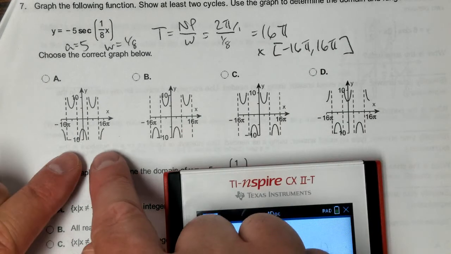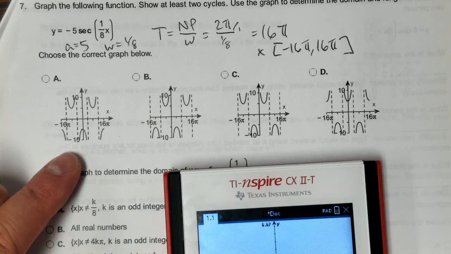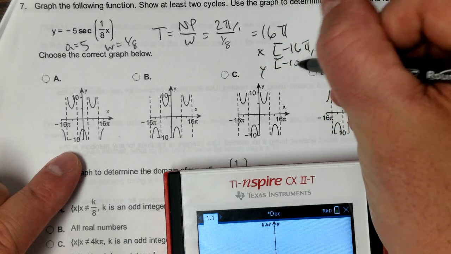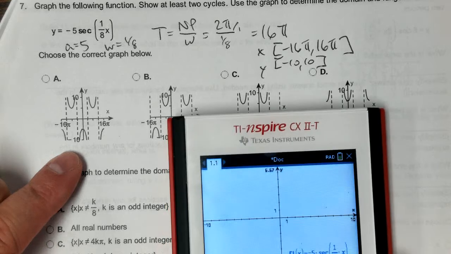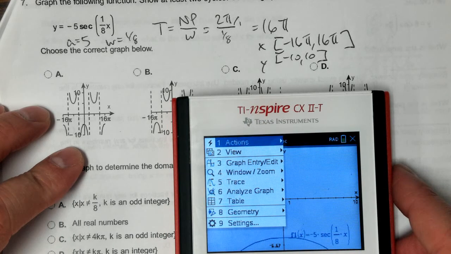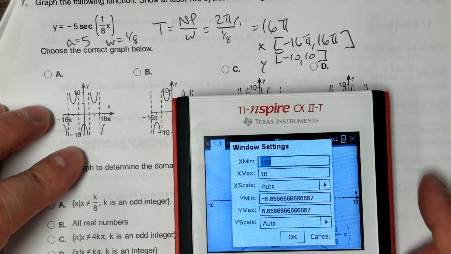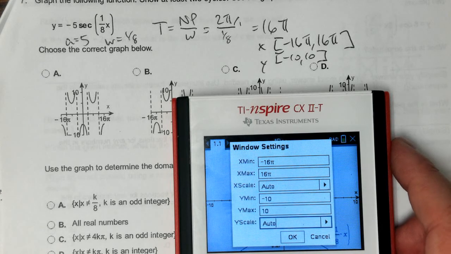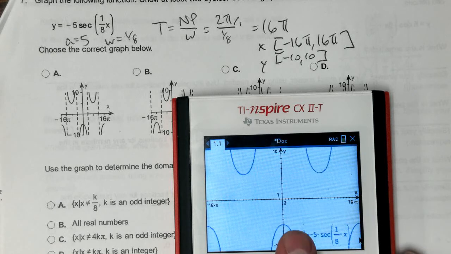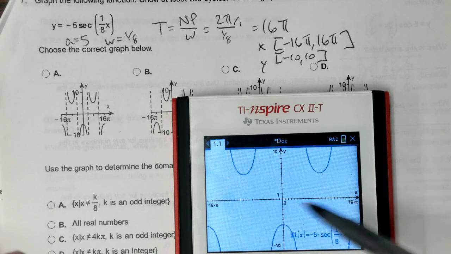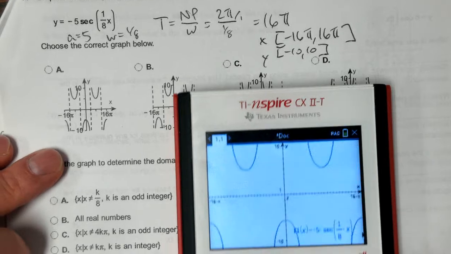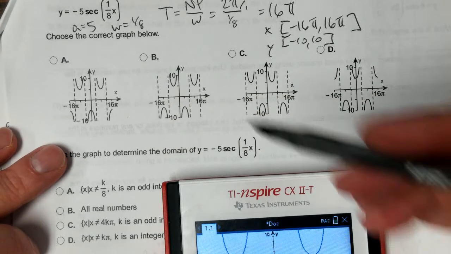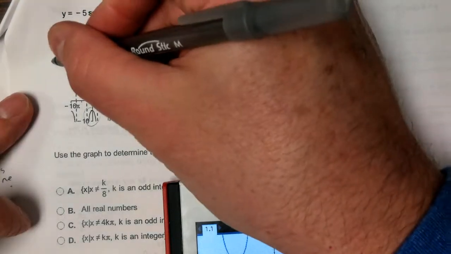And also all of them look like they go from negative 10 to 10 for y. And so let's just change our dimensions. So we go window, settings, negative 16 pi to 16 pi, and then this is negative 10 to 10. So there's our graph, symmetric to the y-axis, like this, and so that's A.